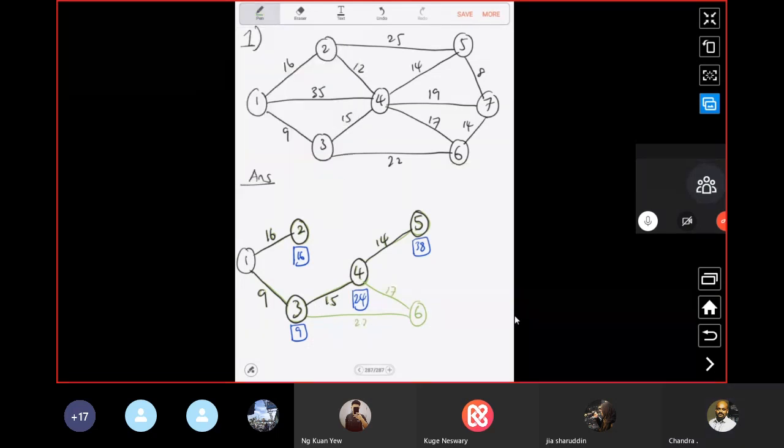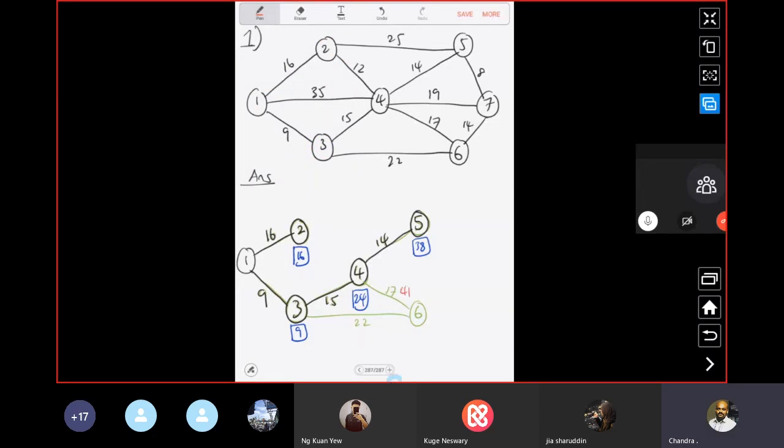Now let us solve 6. 17, 22. If I reach 6 from 4, I need to plus 24 plus 17, what I'm getting? 41.